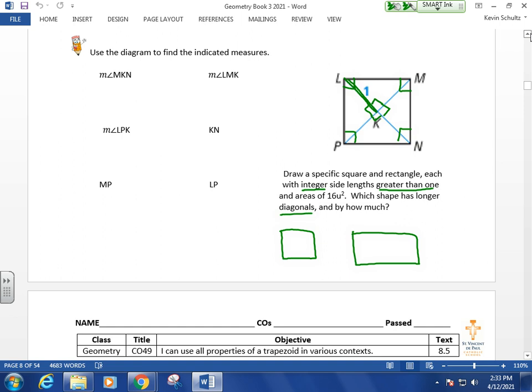Yes? Are there going to be questions like this last one on the test? This test is actually fairly involved. It's so the homework that you had for the rhombus, the rectangle, and now the square, where I give you a figure and have you find these pieces of it, your test is going to be the same thing. So you do need to know how to use sine, cosine, tangent, special right triangles, Pythagorean theorem, all these properties.